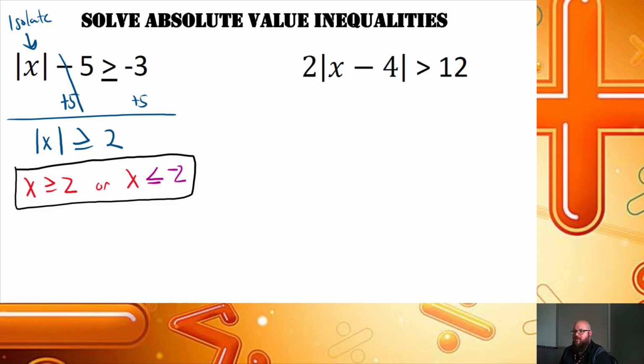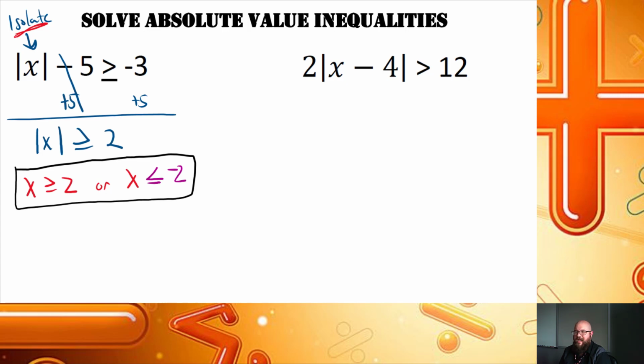All right, let's do one more example here. With this, we have 2 times absolute value of x minus 4 is greater than 12. So again, just like we talked about a minute ago, we want to isolate the absolute value on one side and everything else on the other. So to do that, let's get rid of that 2.